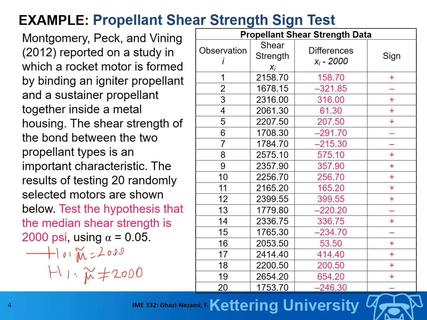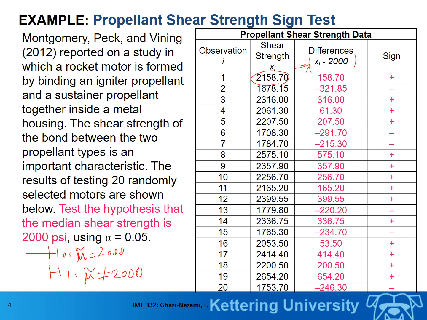As you can see, the hypothesized value is 2000. So what I need to do for this technique is to find the difference between each individual observation and 2000: Xi minus 2000. Be careful about the order in the difference between individual observation and hypothesized value.